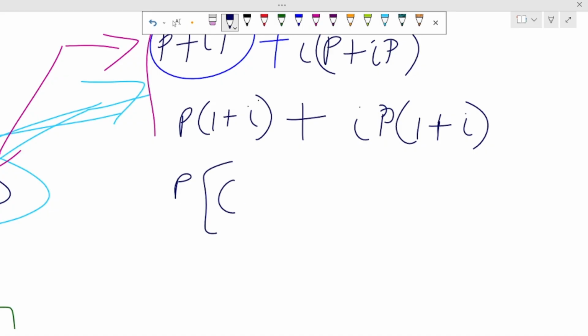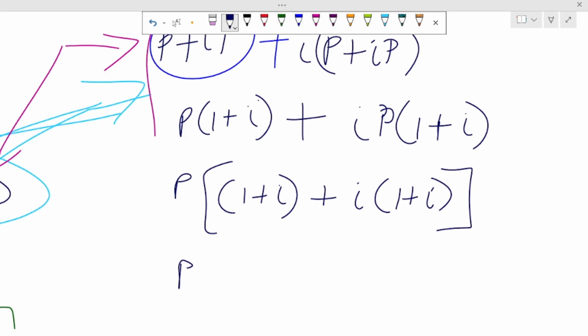So you have 1 plus I, and then you now have plus I, 1 plus I. Okay, and of course, in this case, what's common here? This 1, this I, 1 is common, so you can factor out 1. This is just like factorization, and then you have this 1 plus I.